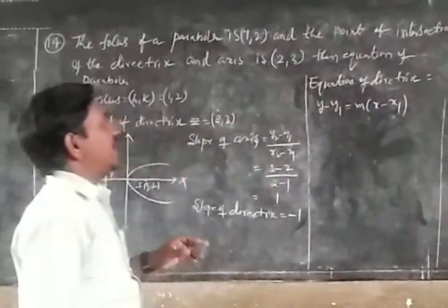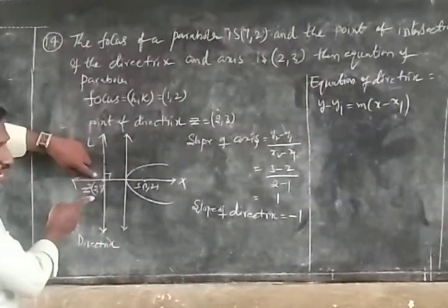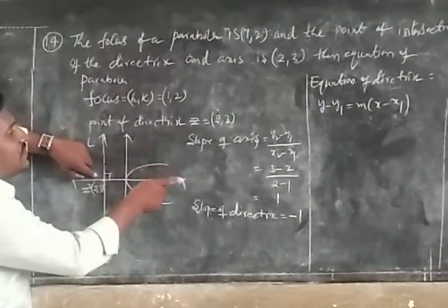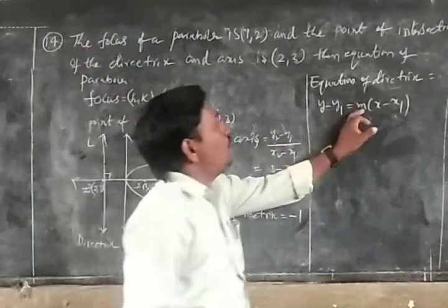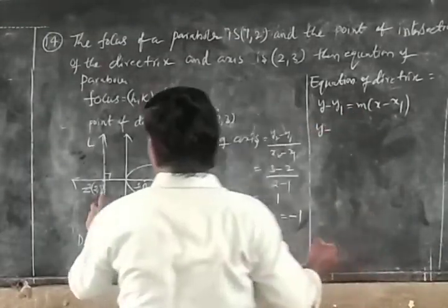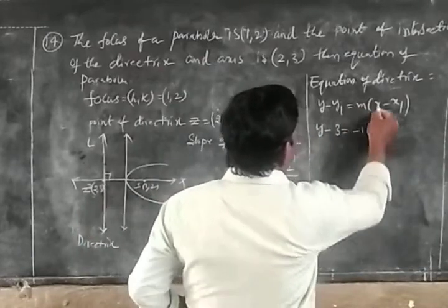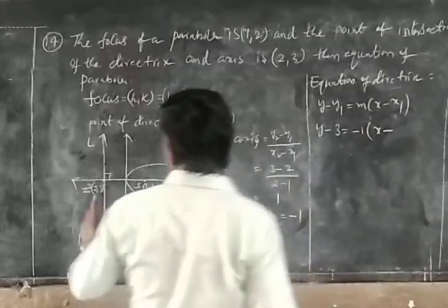Here (x1, y1) is (2, 3), and the slope is minus 1. So y minus 3 equals minus 1 into (x minus 2).